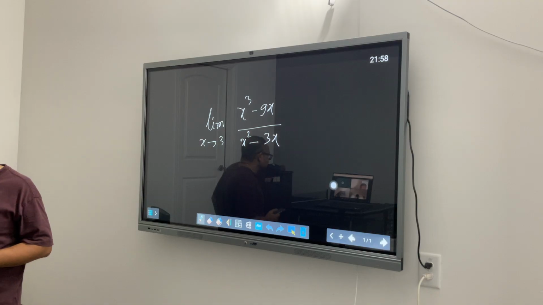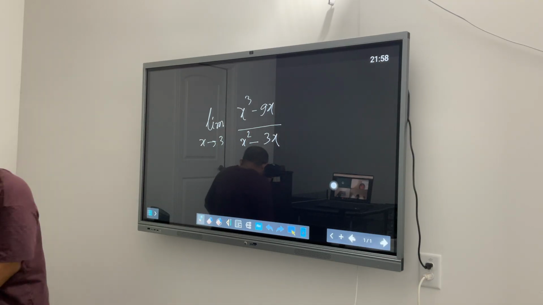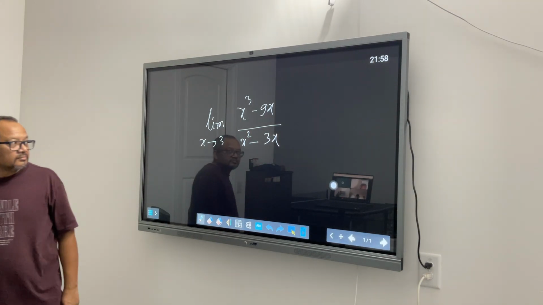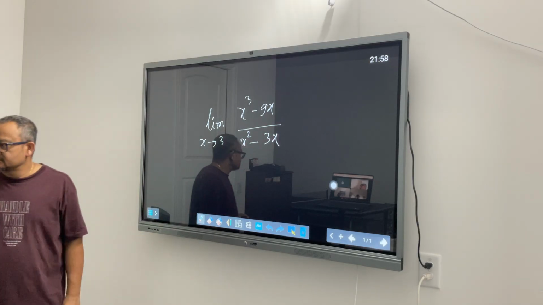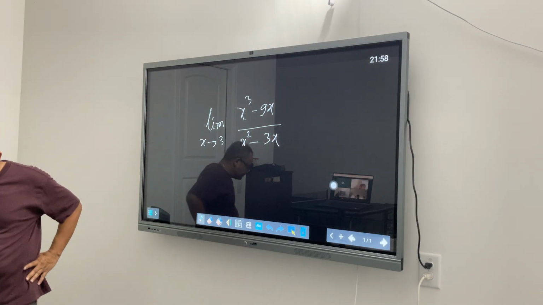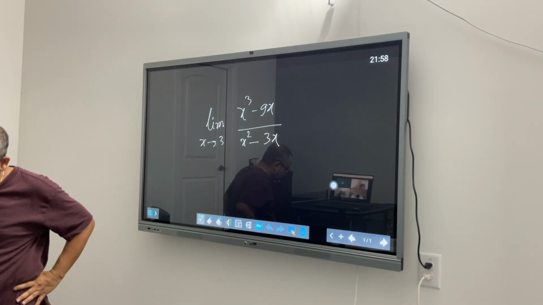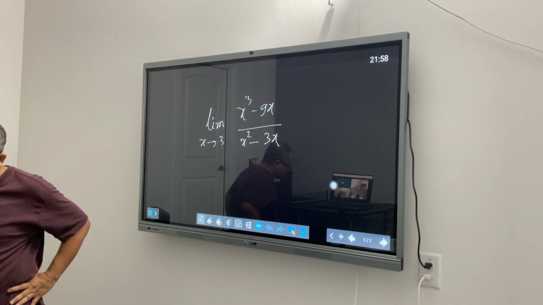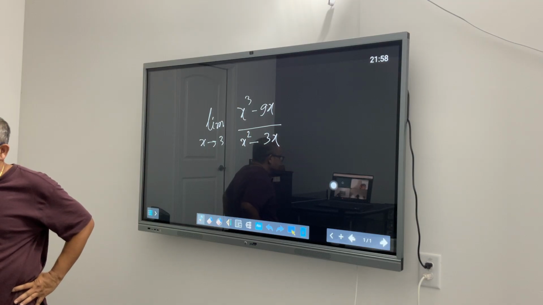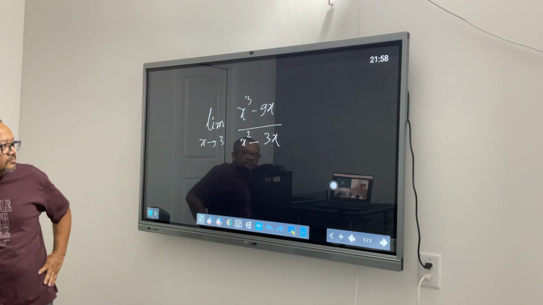At first, I simplified the x cubed minus 9x to x in the bracket x squared minus 9, divided by x times x minus 3. Then I further simplified the numerator as x times x plus 3 times x minus 3.